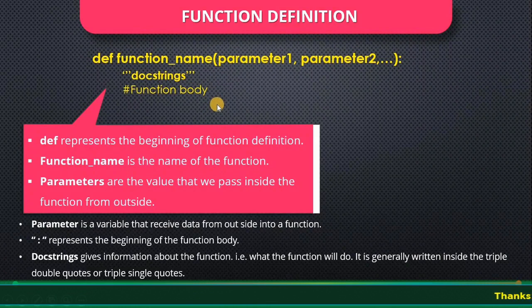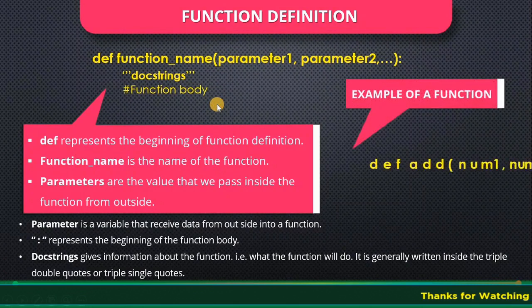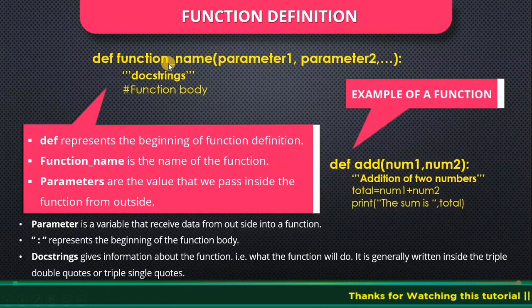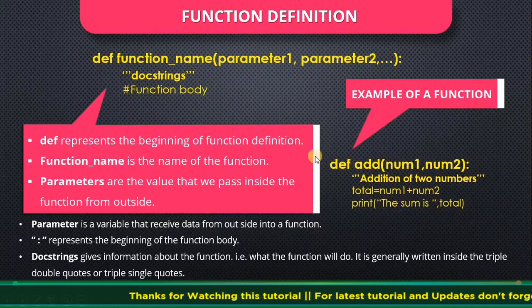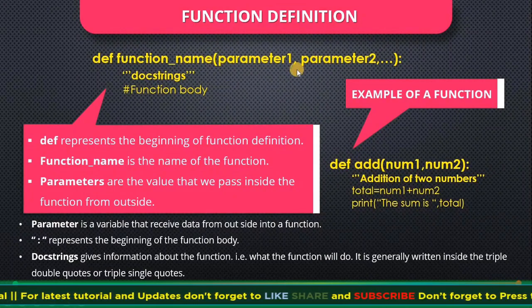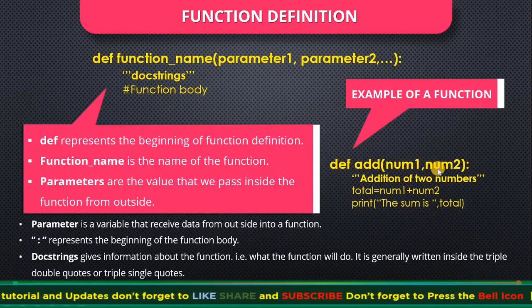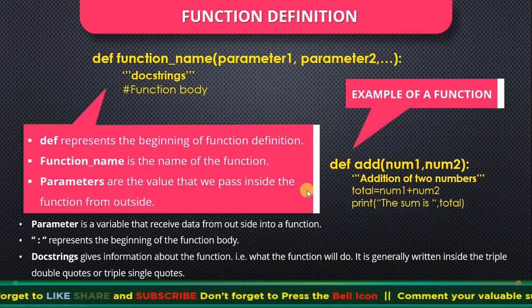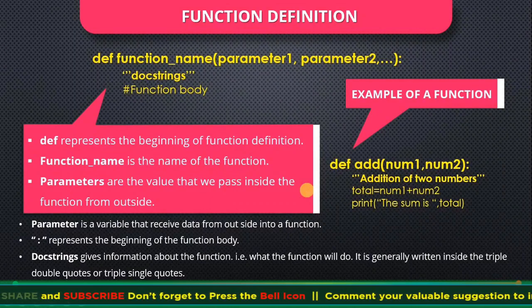Now let's see how it works. This is the example based on this syntax. The example is very simple. I have used add over here. So def, I have to write first. After that, the name of the function over here is add, and inside the parameters I have given num1 and num2. These are the two variables which are going to receive the values from outside the function.